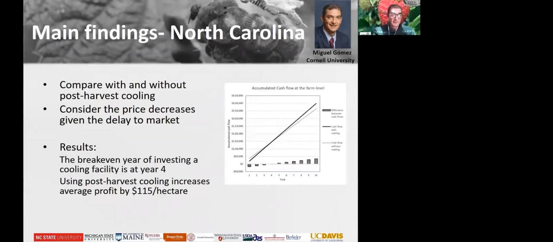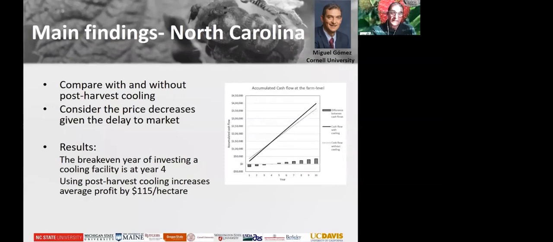And one of the benefits of having post-harvest cooling is that you can avoid insecticide application and solve the problem of infestation, of presence of larvae in the fruit after you harvest. These models are complex because as you keep fruit in storage, especially when you sell to the fresh market, the price of the fruit declines over time.